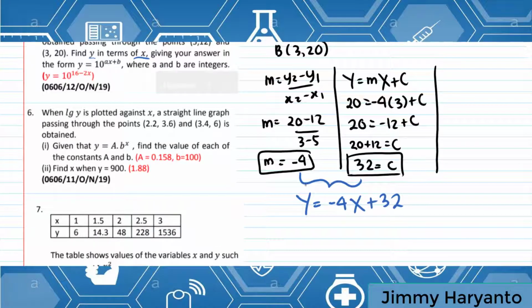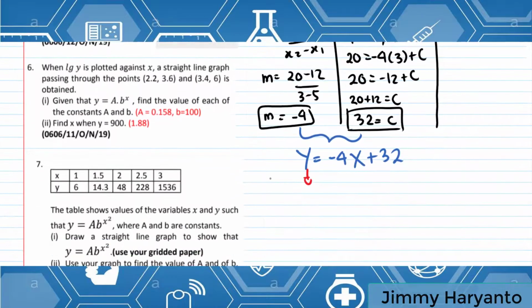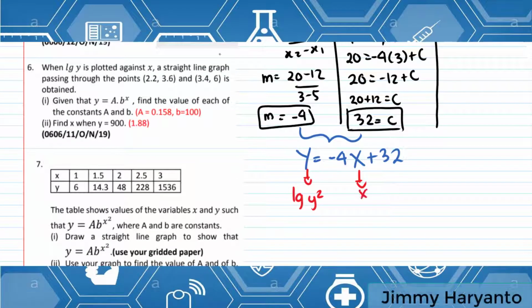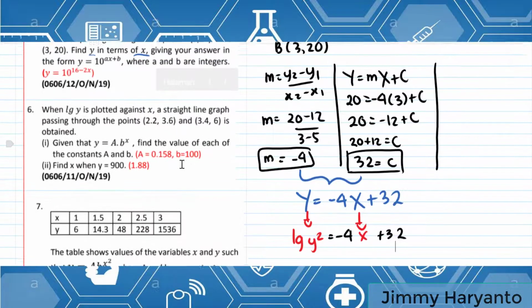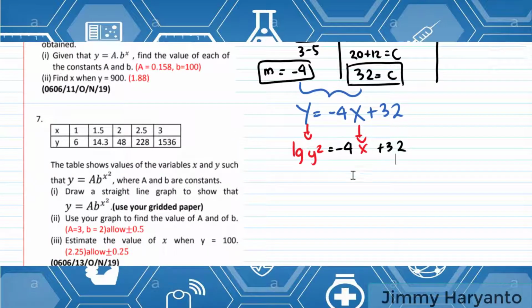We have to change this big y into LGY square, and then change this big x into x, equals to -4 plus 32. The questions want us to find y in terms of x, so we have to find y in terms of x right here.